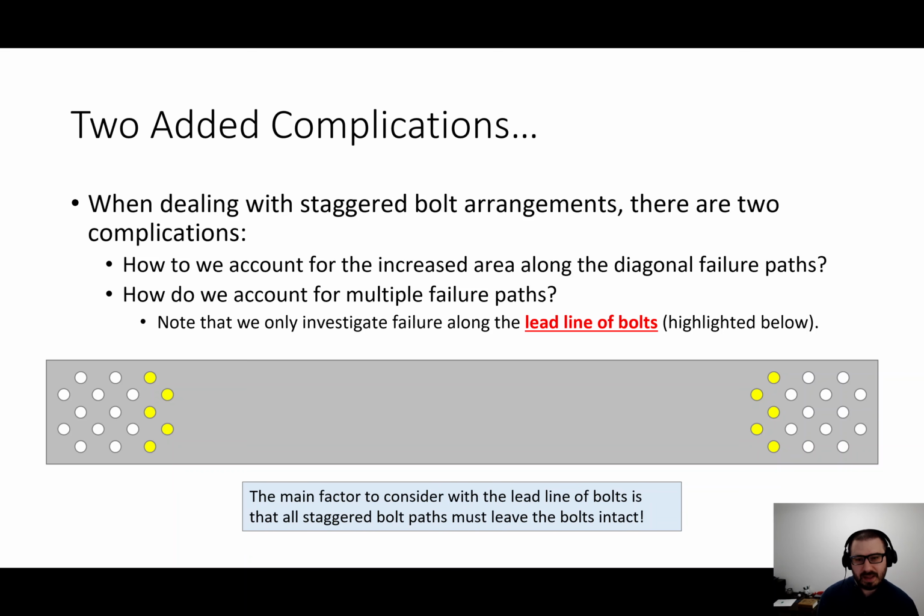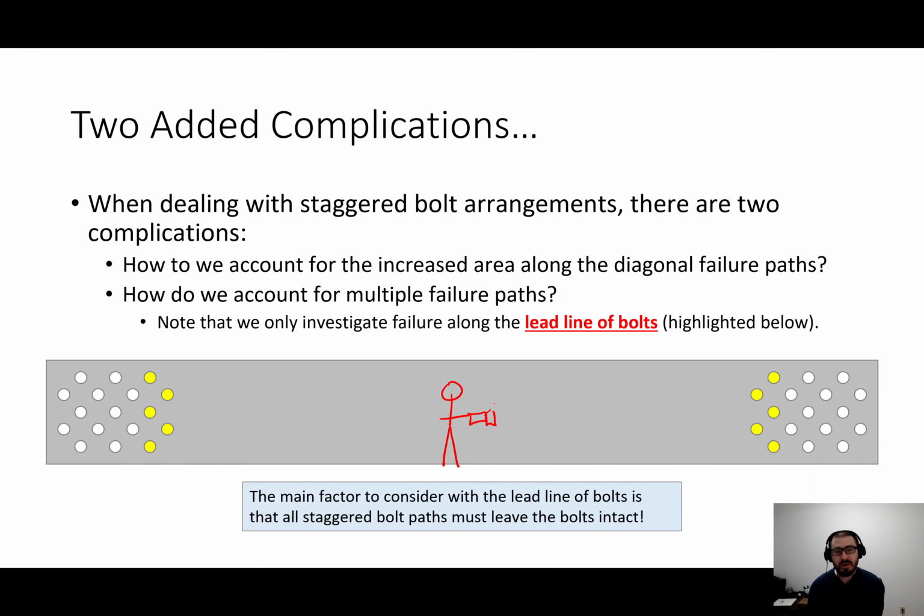Now, the lead line, and I've got a single member with two different connection regions here. The lead line are all of the bolts that are hovered around the inside of the connection. The way I usually like to describe the lead line is, imagine if you were standing on this tension member, and you had a flashlight in your hands. That's my best flashlight.